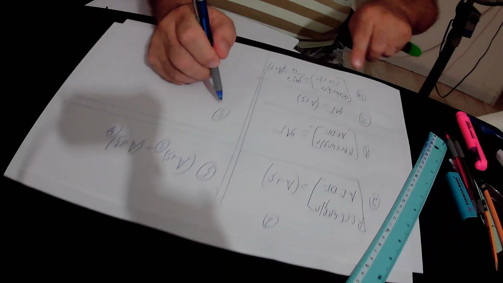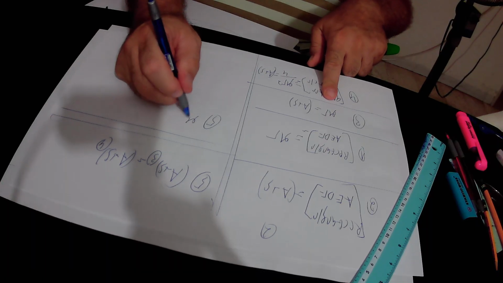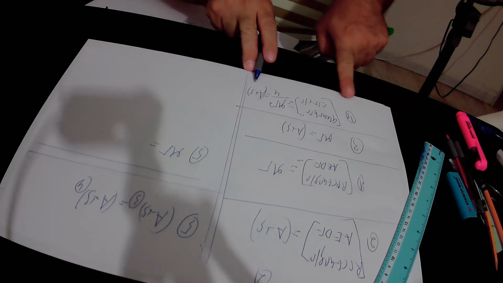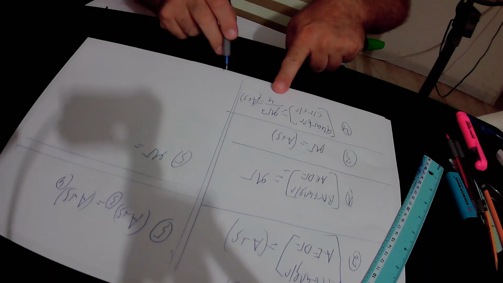So A plus S according to equation 3 is equal to pi r, and it must be equal to A plus S according to equation 4, that is equal to pi r squared over 4.